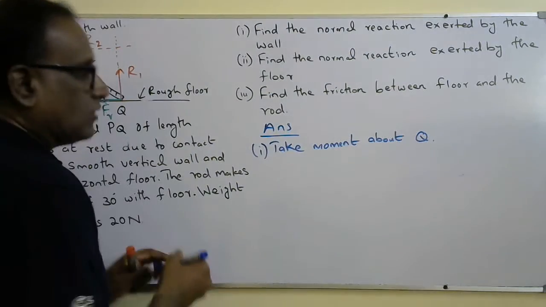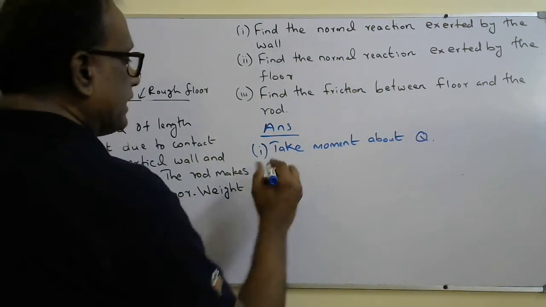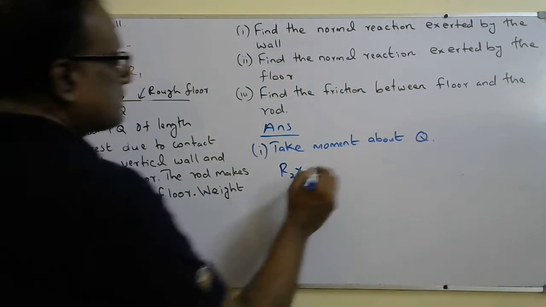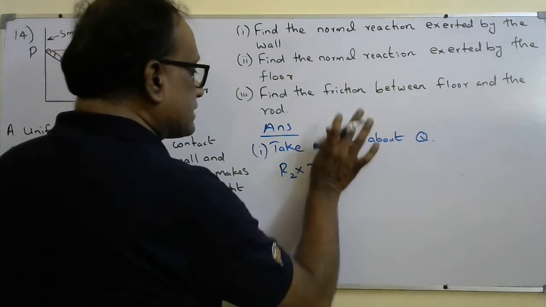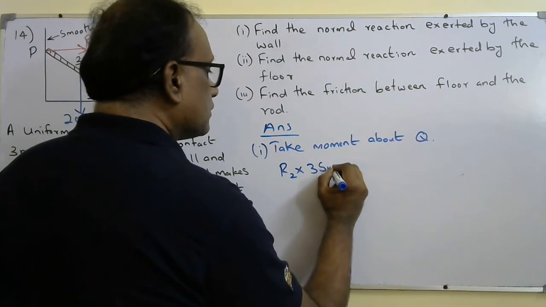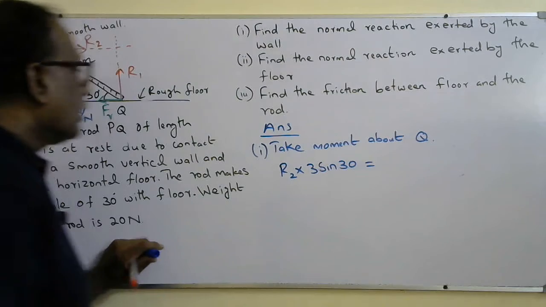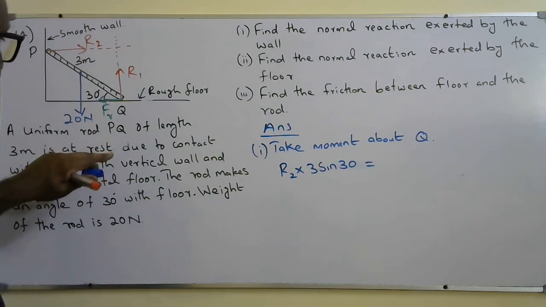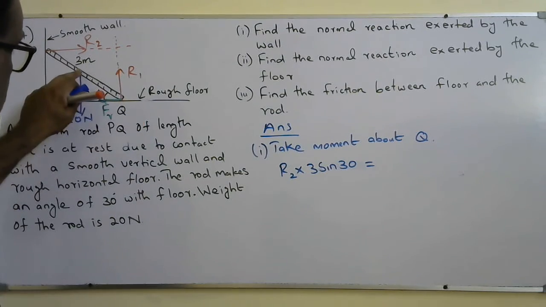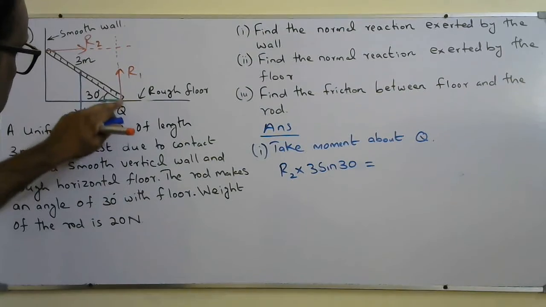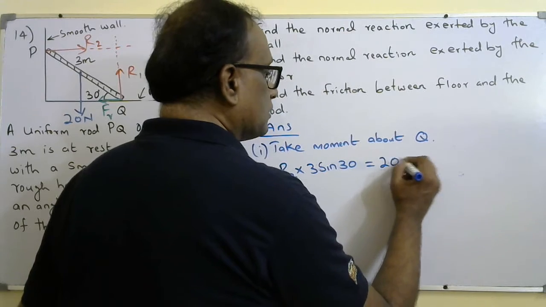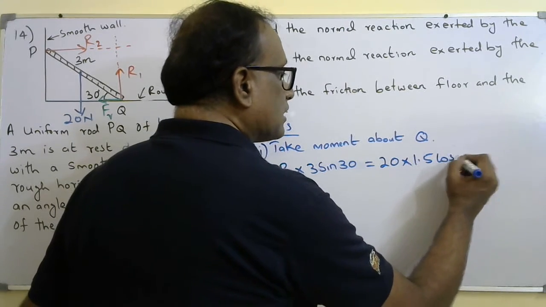So I know everything now. Take moment about Q. Clockwise moment is R2 times 3 sine 30, equal to the weight 20 Newton, which will produce an anti-clockwise moment. The distance of this weight from Q, the center of mass, is 1.5, so 1.5 cos 30. So 20 into 1.5 cos 30.